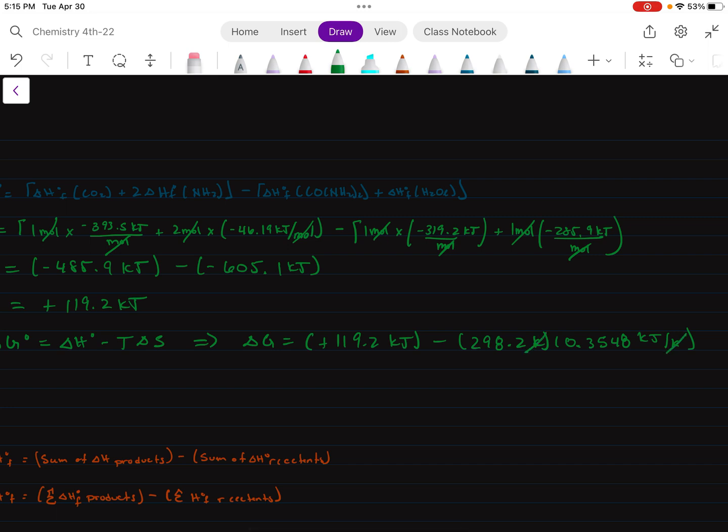The Kelvins are going to cancel. If you have the kilojoules in the same unit, you should be able to subtract them. If we take those together and subtract them, we're going to end up with positive 13.4 kilojoules. This reaction is non-spontaneous.